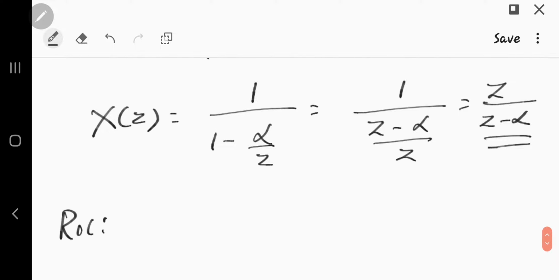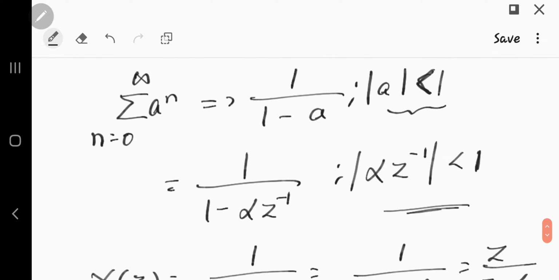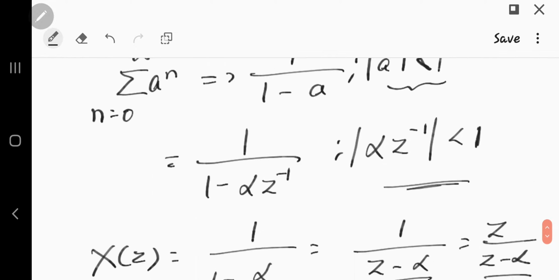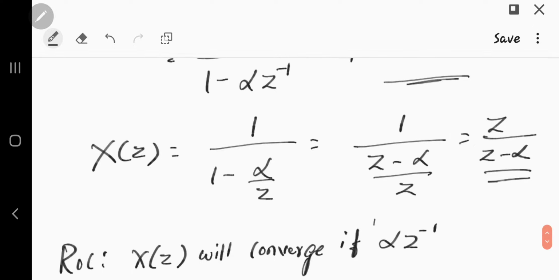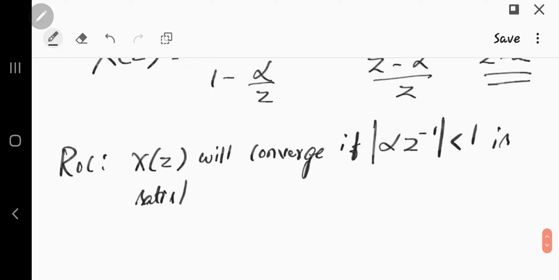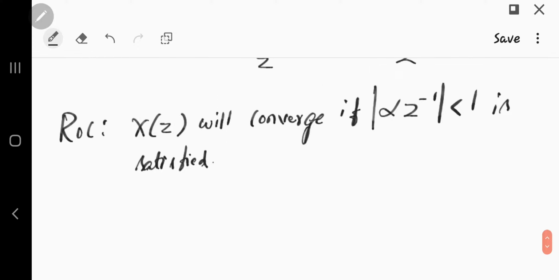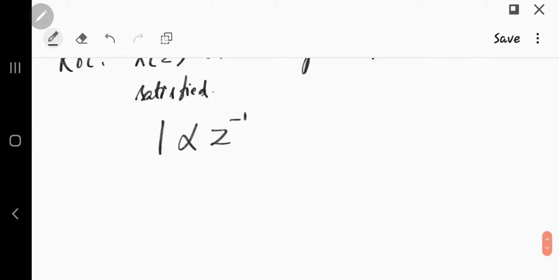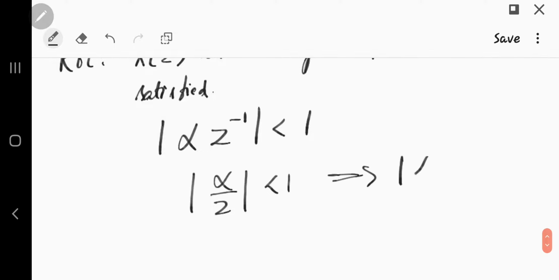Now the region of convergence: X of z will converge if |alpha z inverse| is less than 1. If this condition is satisfied, then, simplifying, alpha z inverse less than 1 means alpha by z is less than 1, so that implies alpha is less than |z|.